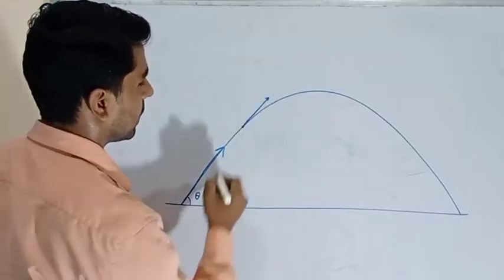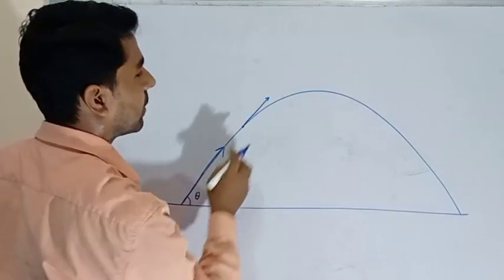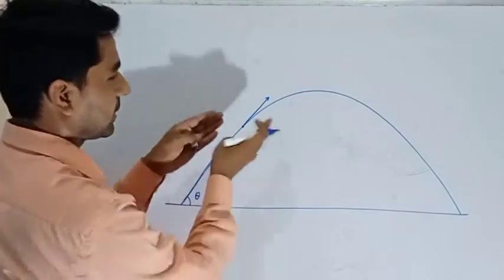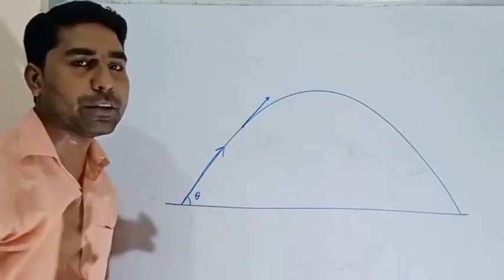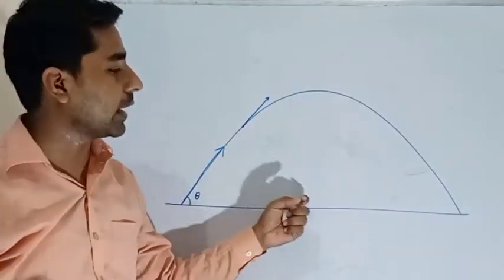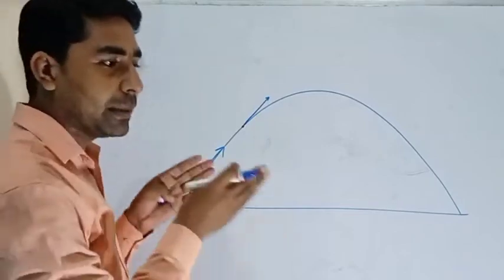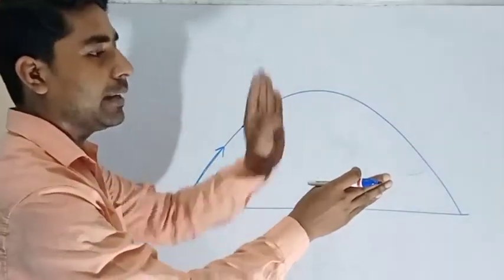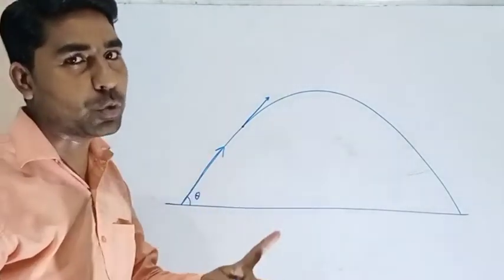So what you will observe is that this projectile moving in this direction will have two components of velocity. Why? Not only is the object going ahead, but also going up. Means the projectile is moving forward and in the upward direction both. So the velocity will have two components.